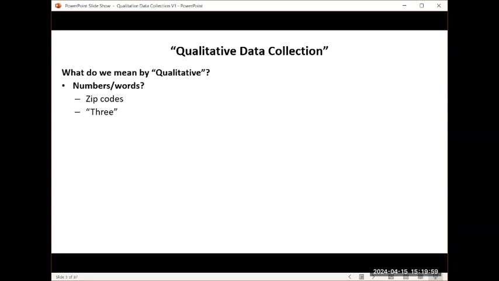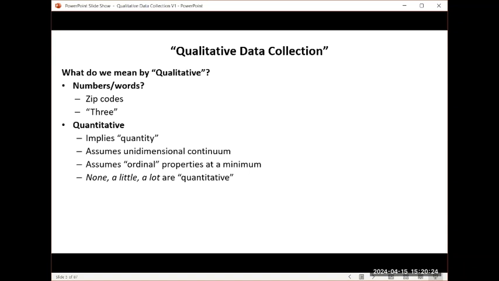I'm going to argue that that's not really precise, because zip codes, even though they're numbers, are qualitative concepts. And if I ask you a question and somebody responds 3, the word 3 can be both qualitative or quantitative depending on the context. So it's easier to define qualitative by first defining what we mean by quantitative.